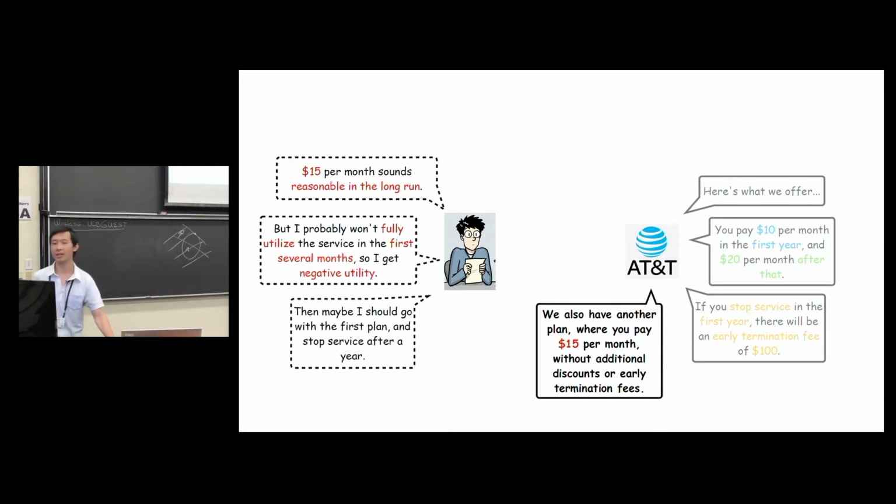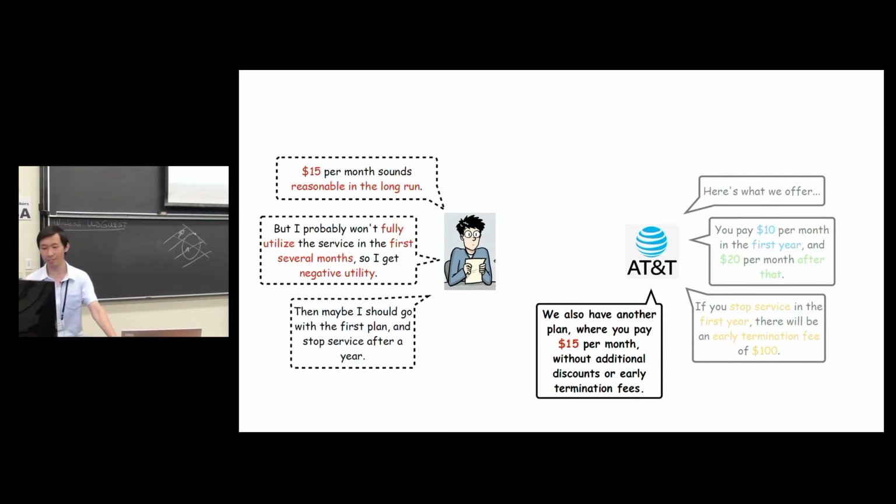Here's how the customer reasons about that. $15 per month is actually reasonable in the long run. It's a fair price, but the problem is that in the first several months, while the customer is still getting used to the service, the customer is probably not going to fully utilize it. So in that case, the customer actually gets negative utility in the first several months.